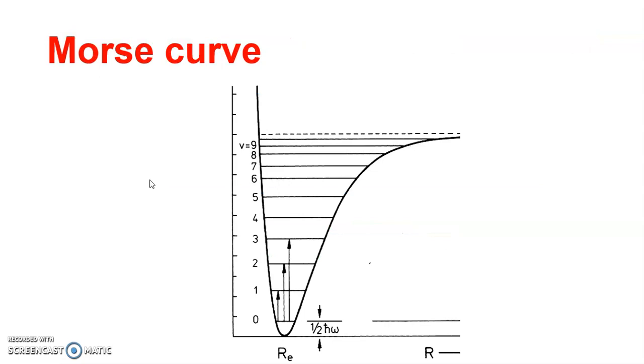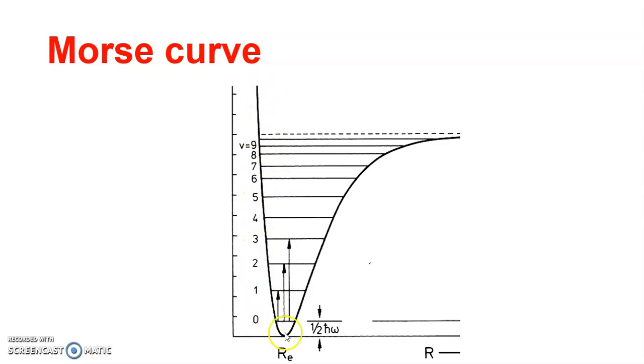Due to the second term, the anharmonicity term, the energy levels become closely spaced, especially at higher energy levels. This is because χ_e is a small positive value and we take a difference from the second factor to the harmonic oscillator, and it gives an unequal distribution of energy levels.